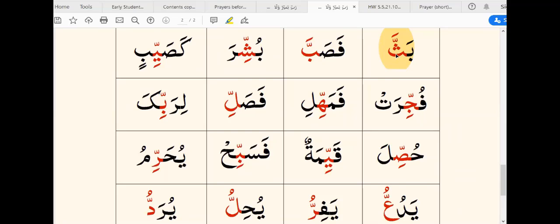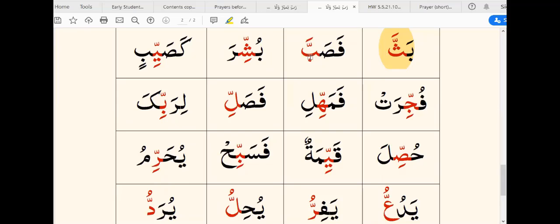And for the next sound, we have letter Sa with a fatha stroke, Sa. Bassa. Well done.